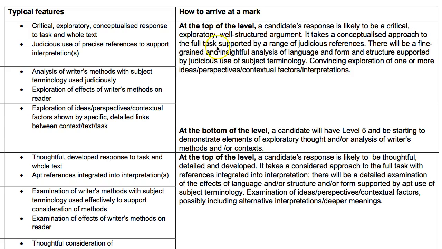Did it look at the full task? Yes, I had quotations from all over the novel and obviously the extract as well. Were all my quotations judicious? Yes, I zoomed in on particular words. Was my analysis fine-grained and insightful?